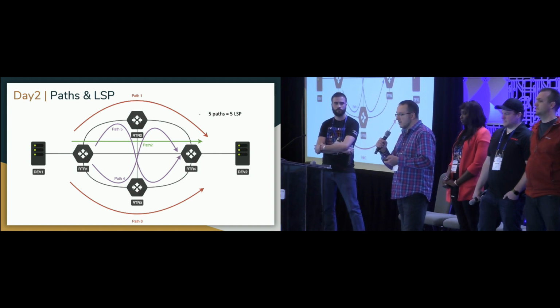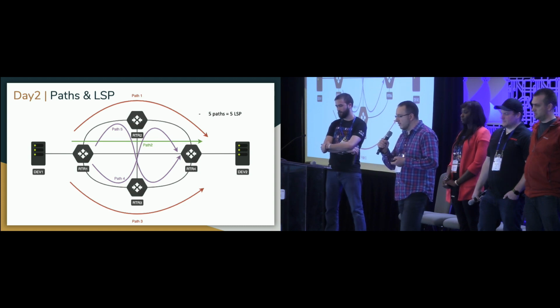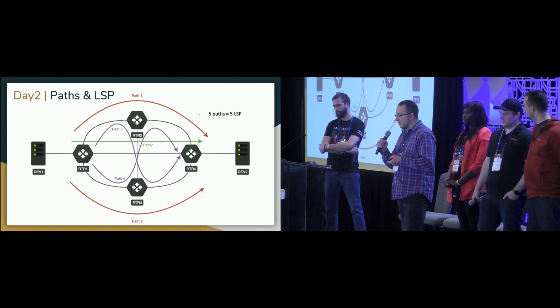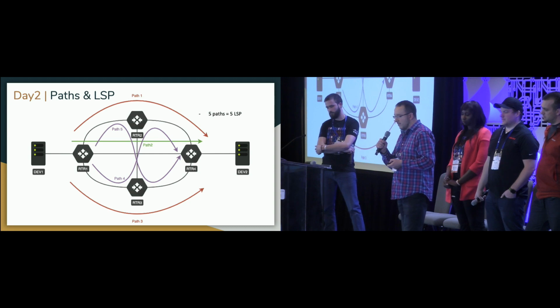If that path isn't available, then traffic will go over the top, over R2, and take path 1, or it might take R3 over the bottom. If path 1 and path 3 are both not available, then traffic will trombone and take path 4 or path 5.